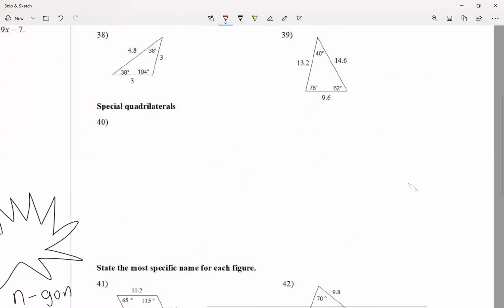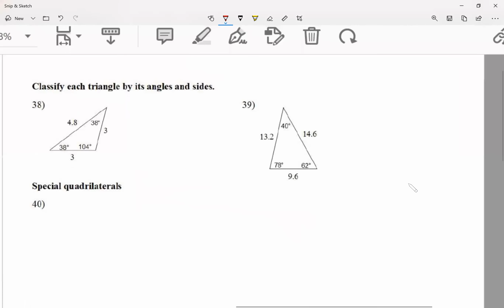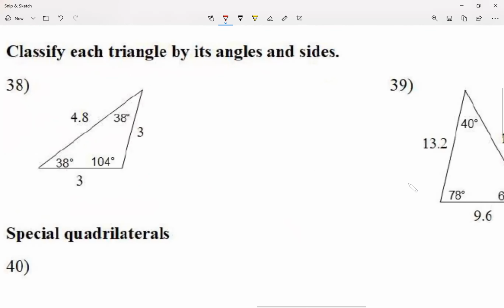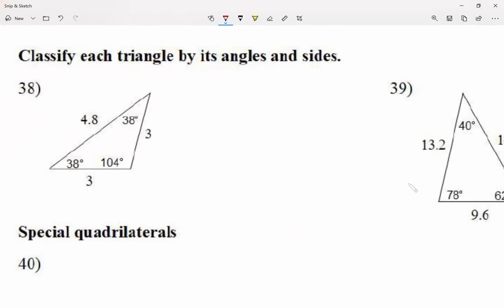Now, question number 38 and 39, we're going to learn how to classify our triangles. We're going to classify by angles and sides. There's two types of classifications. When it comes to angles, we go by the biggest angle. Let's remember the names of our angles.